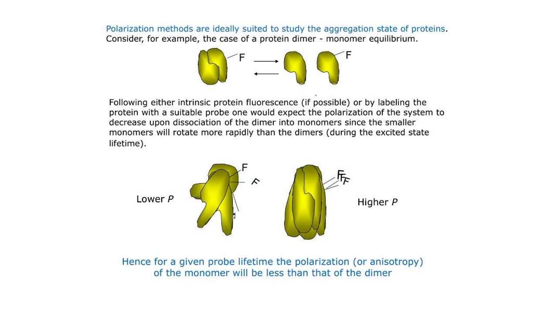So the monomer will have lower P, whereas the dimer will have higher P. Hence, for a given probe lifetime, the polarization or anisotropy of the monomer will be less than that for a dimer.